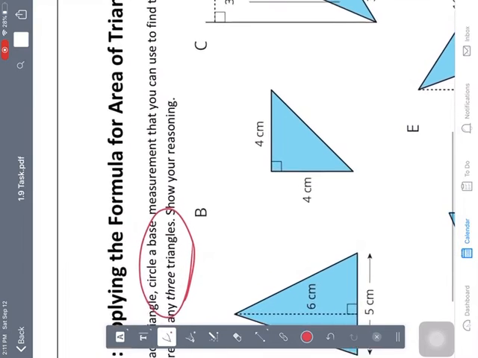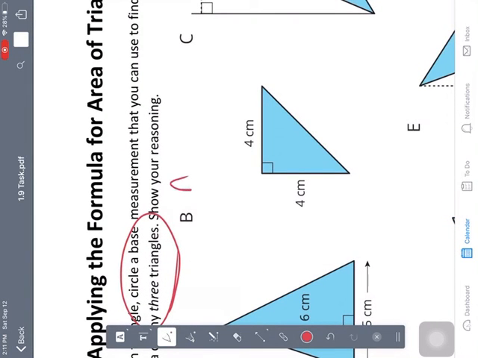So once again, I'm going to do my formula. Area equals base times height divided by 2. Now for this particular triangle, it doesn't matter which one I'm using as a base because I have this wonderful right angle right here. So these are the same value, so I can just plug those right into my formula.